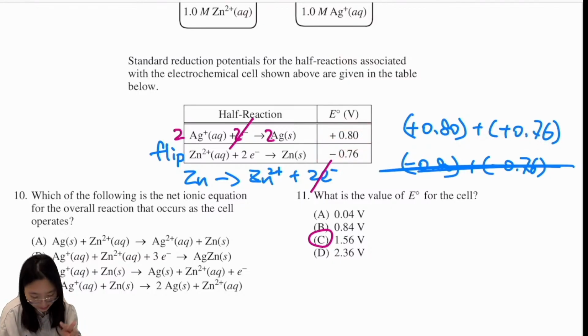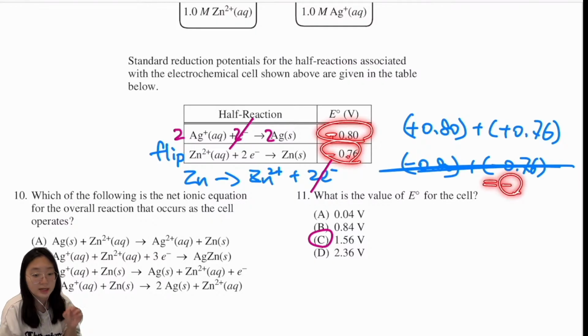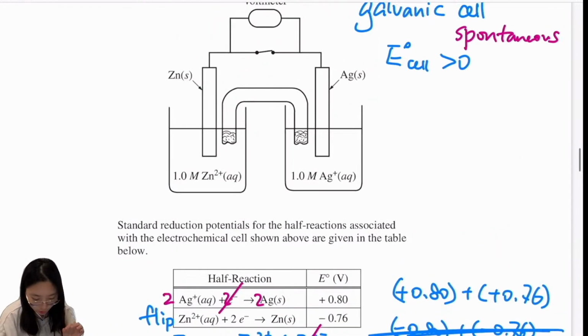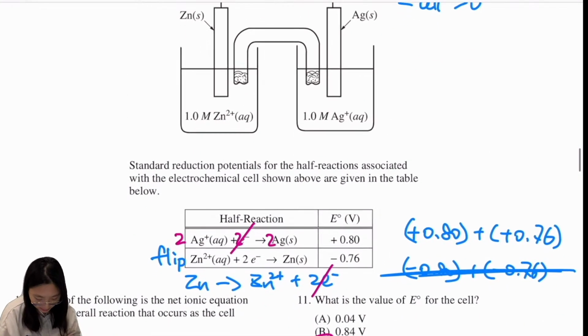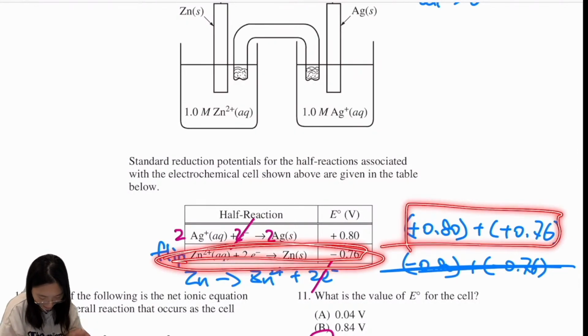Scenario number 2, if we're flipping the first one, then it's negative 0.8 plus negative 0.76, which gives me a negative cell potential. So negative cell potential means it does not occur spontaneously, so it cannot occur in this galvanic cell. So the answer should be the first one, which means I am flipping the second half reaction.